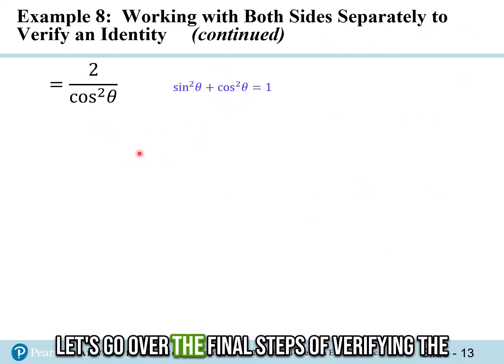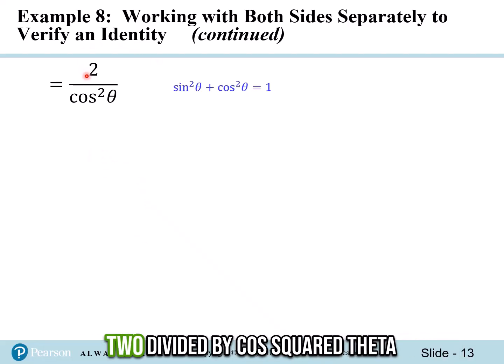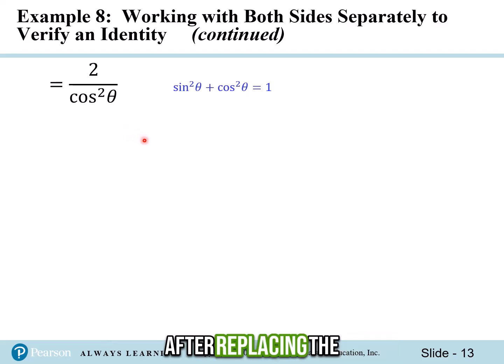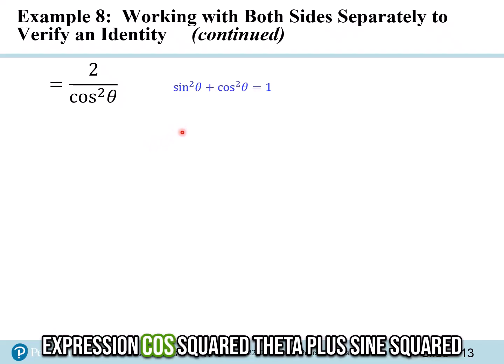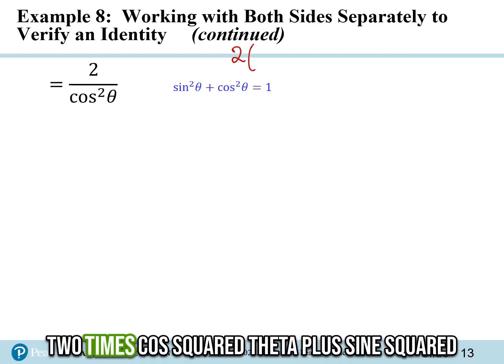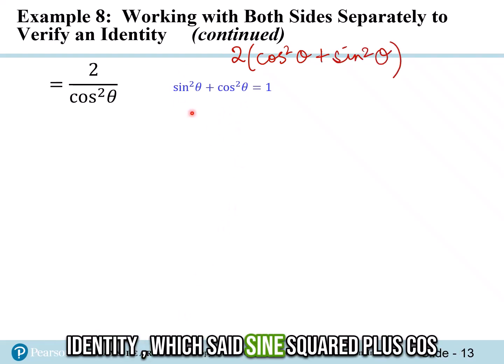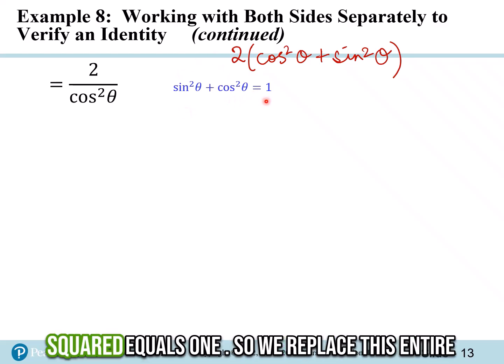Let's go over the final steps of verifying the identity. In the previous step, we ended up with 2 divided by cos squared theta after replacing the expression cos squared theta plus sine squared theta equals 1. So we had in the numerator 2 times cos squared theta plus sine squared theta, and we recalled the Pythagorean identity which said sine squared plus cos squared equals 1.